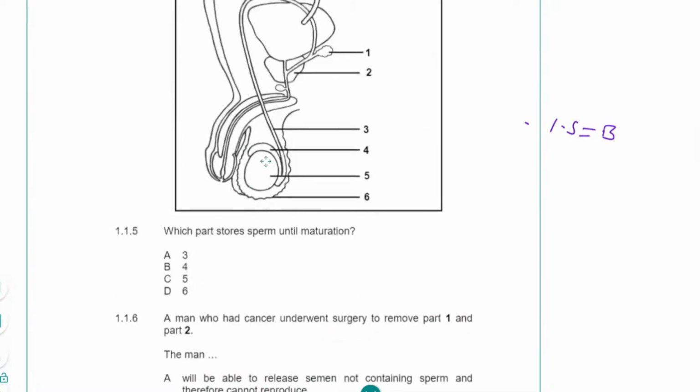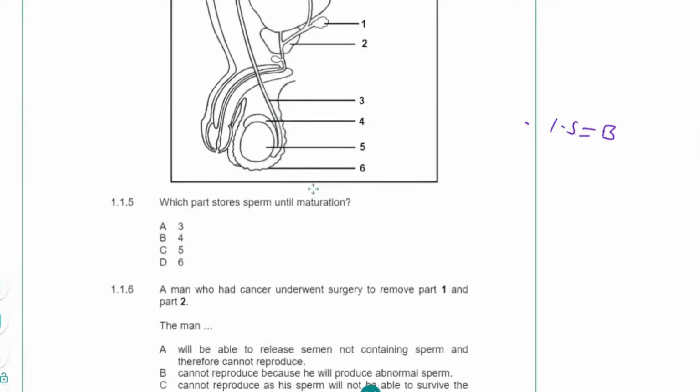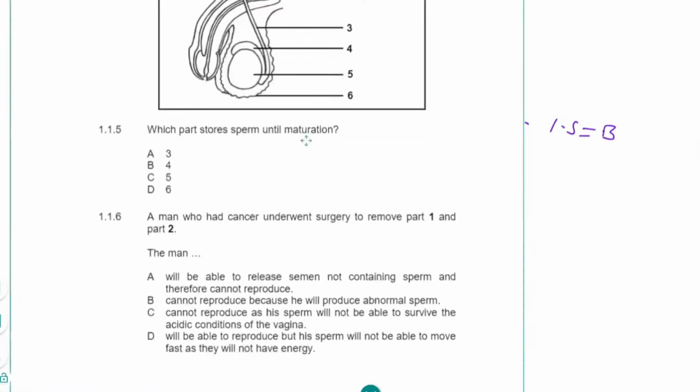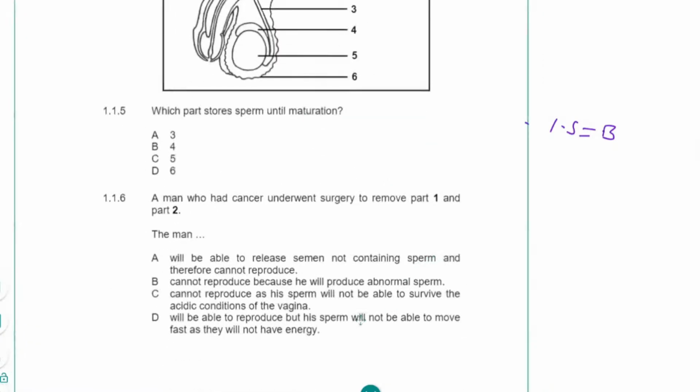They didn't cut out the testes. They didn't cut out the epididymis. They cut out other parts. So it means that the sperms will be there.